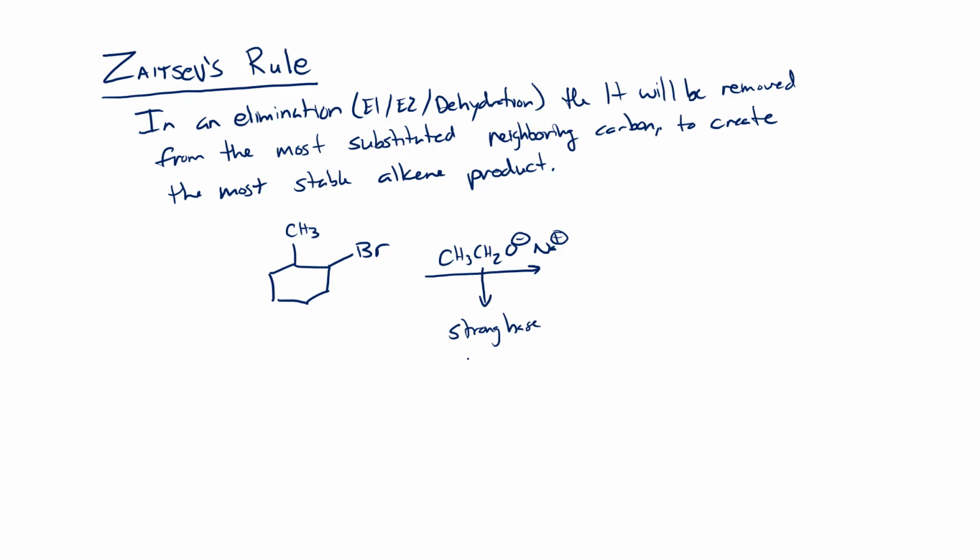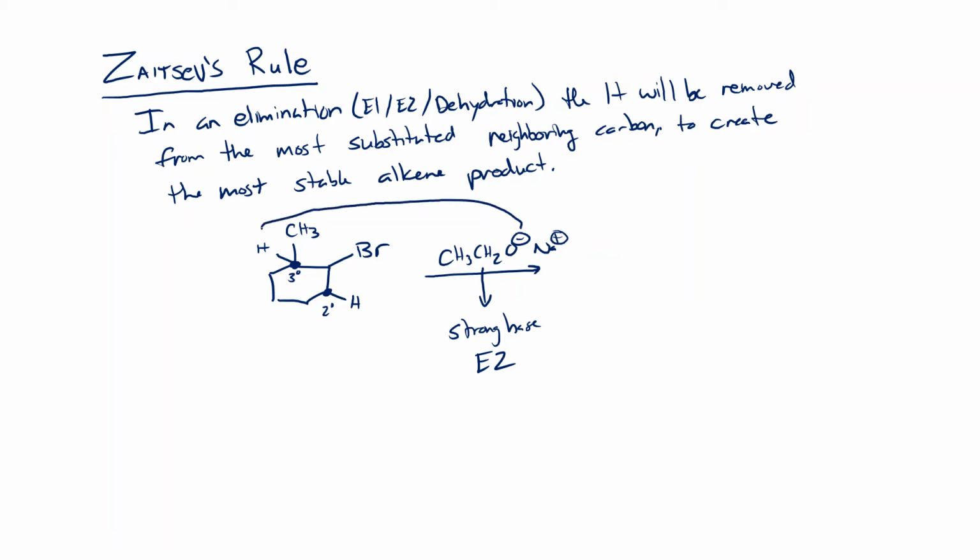This implies that this will be an E2 elimination, right? And so now we have a choice. The E2 elimination can remove the hydrogen from this position, or it can remove it from this position, because these are the two carbons that neighbor the leaving group, right? The leaving group is here. We have to take the hydrogen from the neighboring group. And so the choice is between this position, secondary carbon, or this position, which is a tertiary carbon.